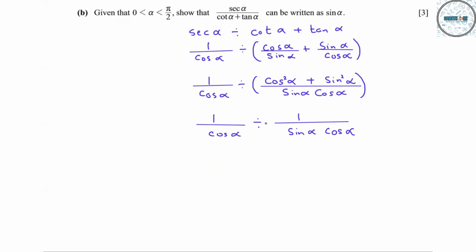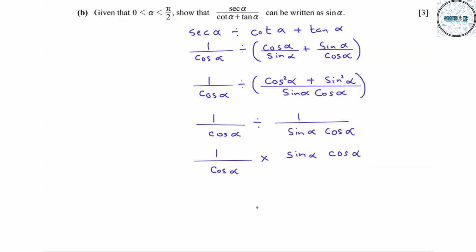Now we can change this division into multiplication. So this will become 1 upon cos alpha multiplied by sin alpha cos alpha.